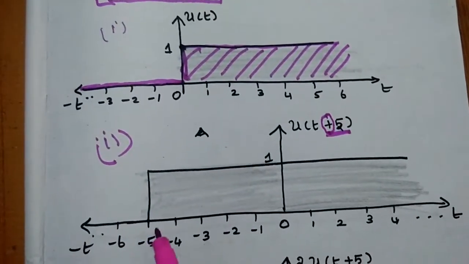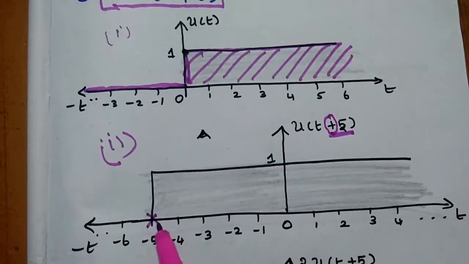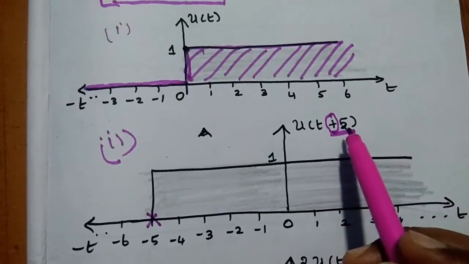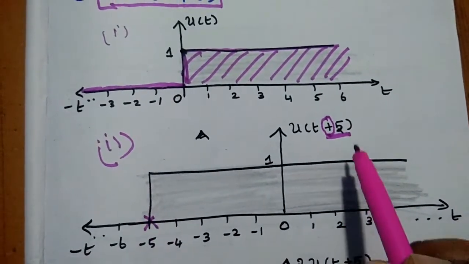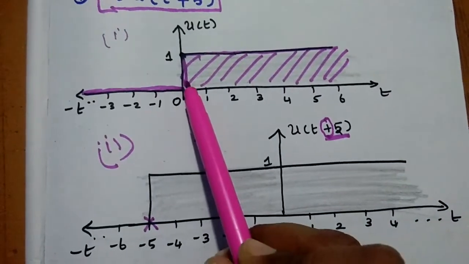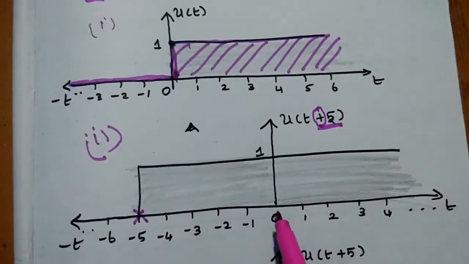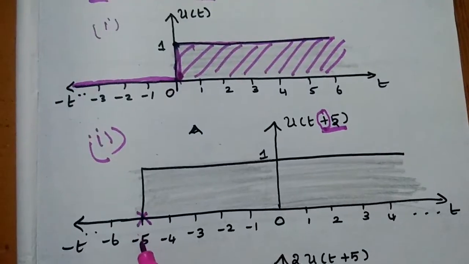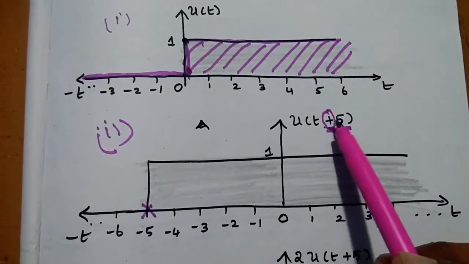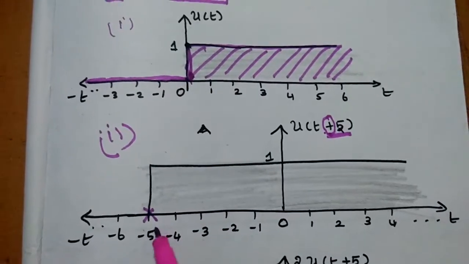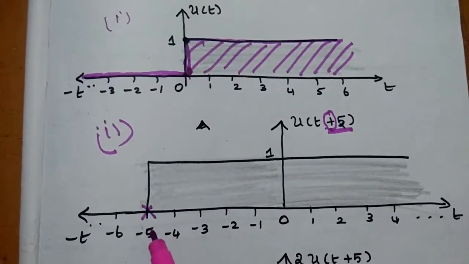Advanced signal means it should start from minus 5. Here plus 5 means we have to start from minus 5. So instead of from 0, we have to advance the signal by 5. Okay. So here if it is plus, we can mention the signal starts from minus 5.